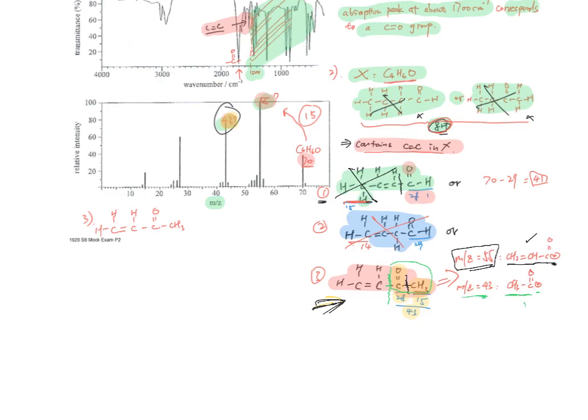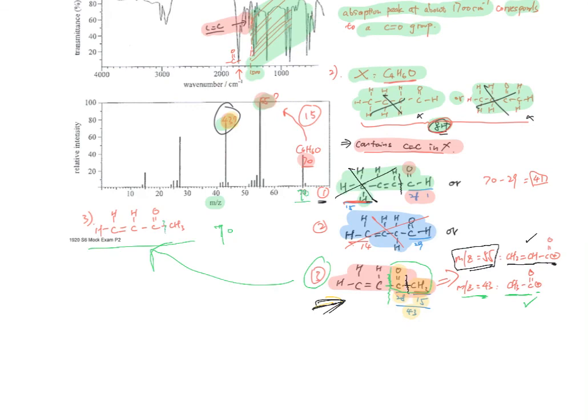So you get it. The last part asks you to draw a possible structure for X. The possible structure for X will be number 3. So here, just draw it again. Number 3 has a molecular mass of 70, the molecular ion at 70.